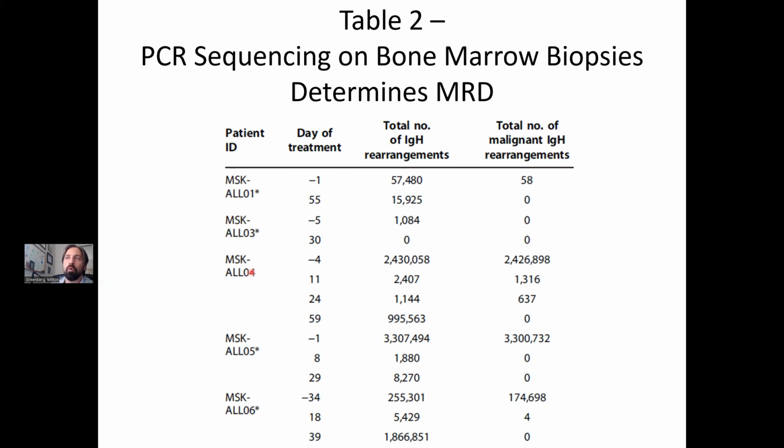With patient 4, originally they had 2 million IgH arrangements detected, and almost all of those were exactly the same, so a lot of cancer with this patient. After the therapy, there were fewer IgH arrangements, but there was definitely cancer detected, where about half of the total were all the same. Patient 5, same thing, a lot of cancer to begin with. After the therapy, no more detectable cancer.